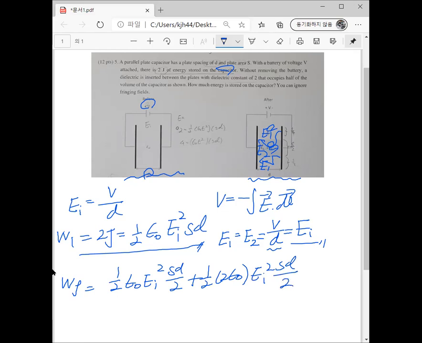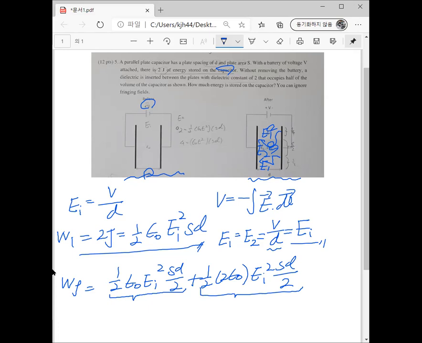This regards to the free space right here, and this is S d over 2 because the dielectric here occupies exactly half of the volume of the capacitor. And this part regards to the space where the dielectric is inserted.